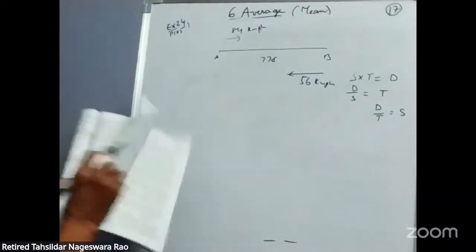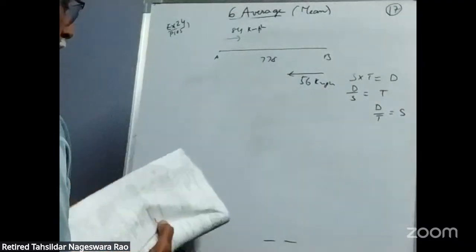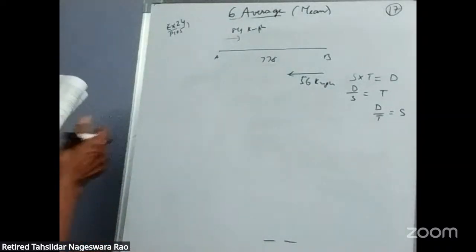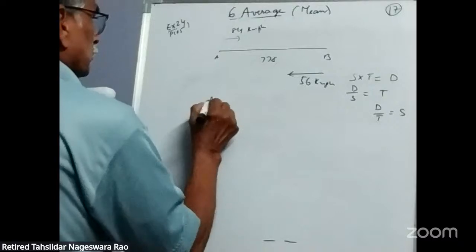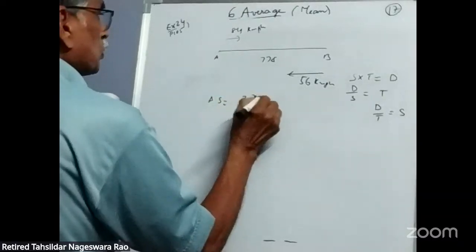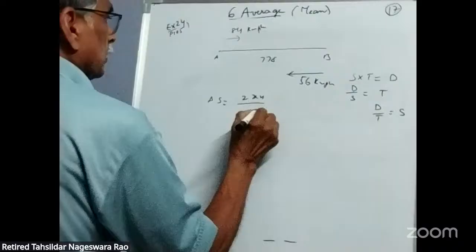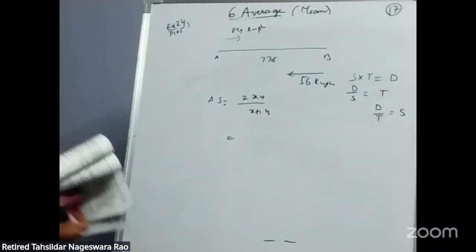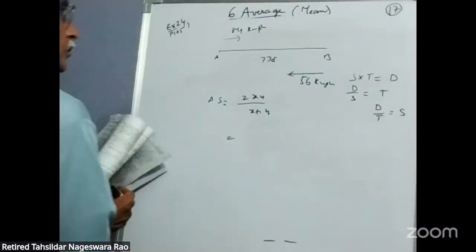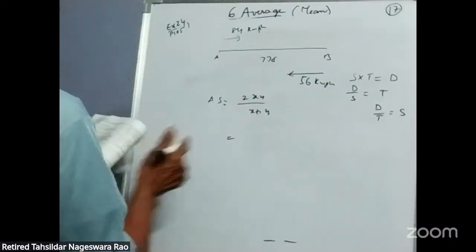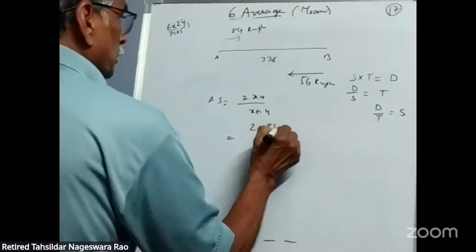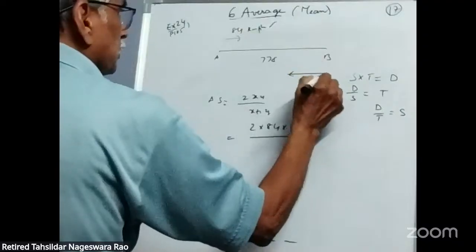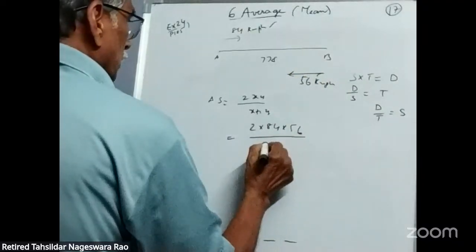Find the average. There is an average speed formula: 2xy by x plus y. Apply that. 2 into 84 into 56 by, where one speed is x, this is by 84 plus 56.